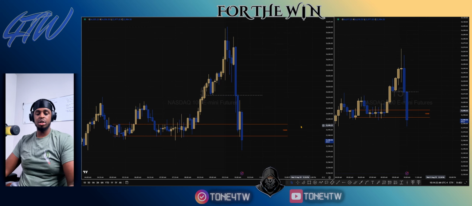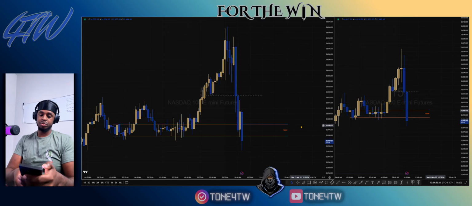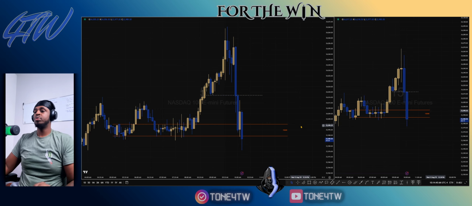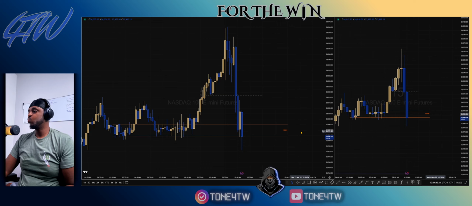Seconds till this candle closes. Look at the last 15 seconds of this candle, how we're getting that rejection off this consolidation. So it's rejecting this area.